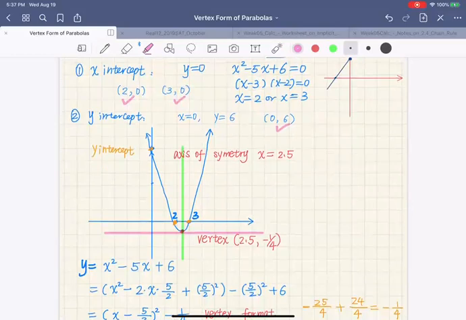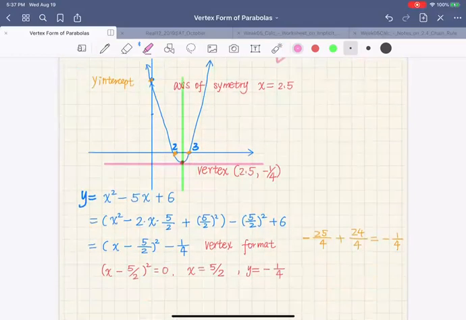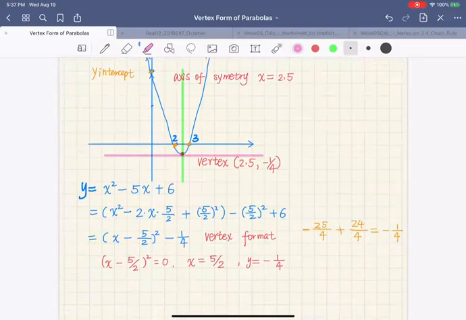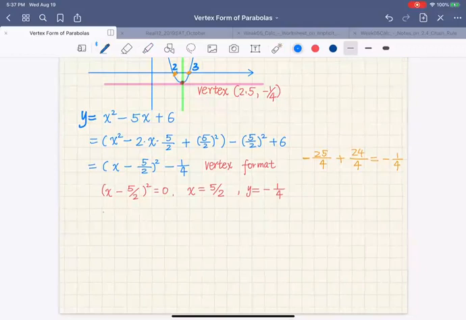Now, I taught both of you about completing the square. Let's do the completing the square. y equals x squared minus 5x plus 6. Previously, we used completing the square to solve the equation. We do this, right? Angela, when I ask a question, please say yes.